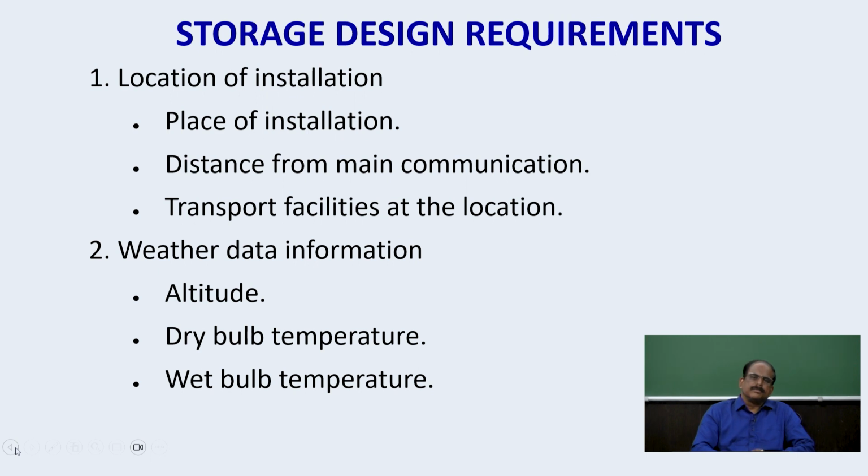The water in that cloth evaporates, and evaporation requires heat. So heat is absorbed from the bulb and also the air surrounding the bulb. Because of this, the wet bulb temperature will be less than the dry bulb temperature. At the maximum, the wet bulb temperature and dry bulb temperature can be equal. The wet bulb temperature cannot exceed the dry bulb temperature.